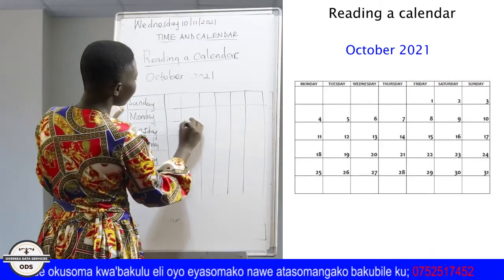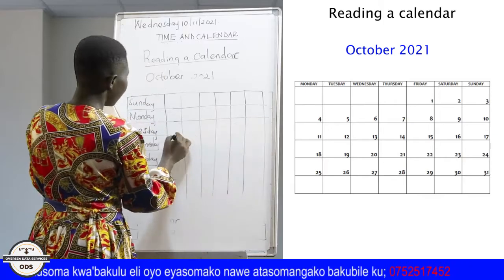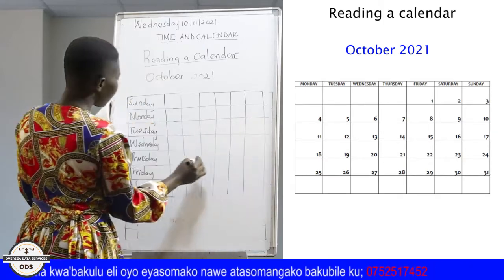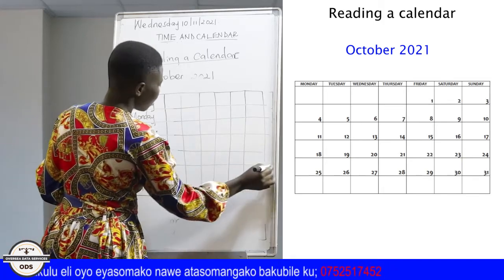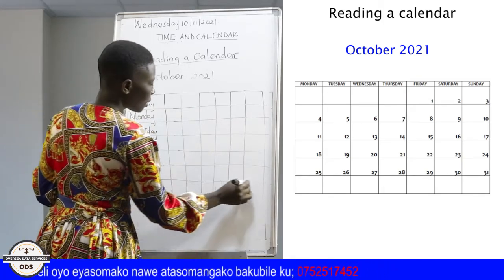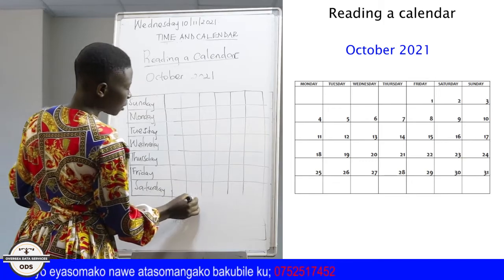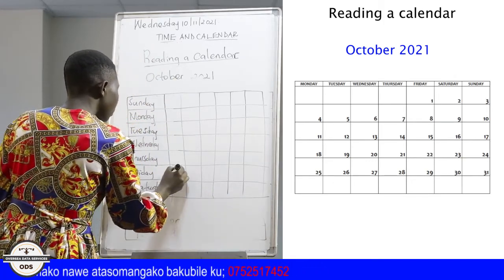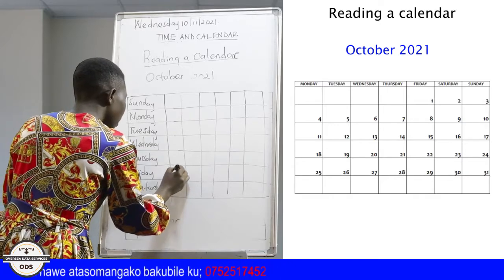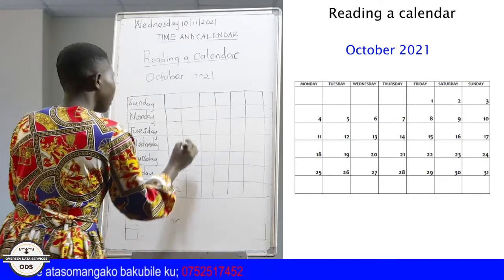We have Sunday, Monday, Tuesday, Wednesday, Thursday, Friday, and lastly Saturday. And this month began from here.